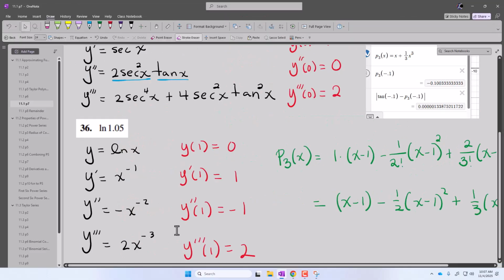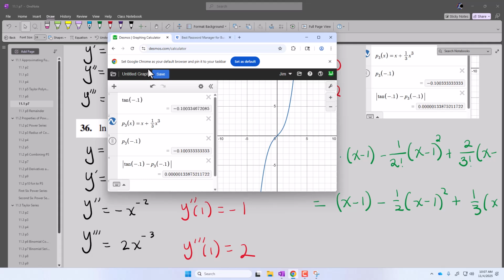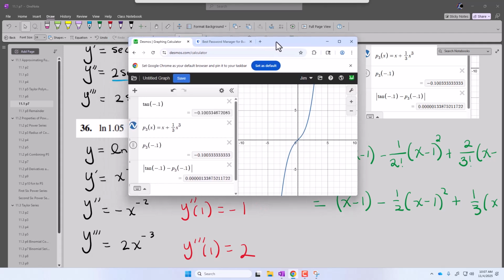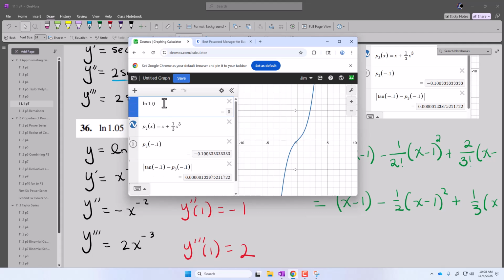So go back over to Desmos. And let's do log of 1.05. Okay, so there is our super good approximation.